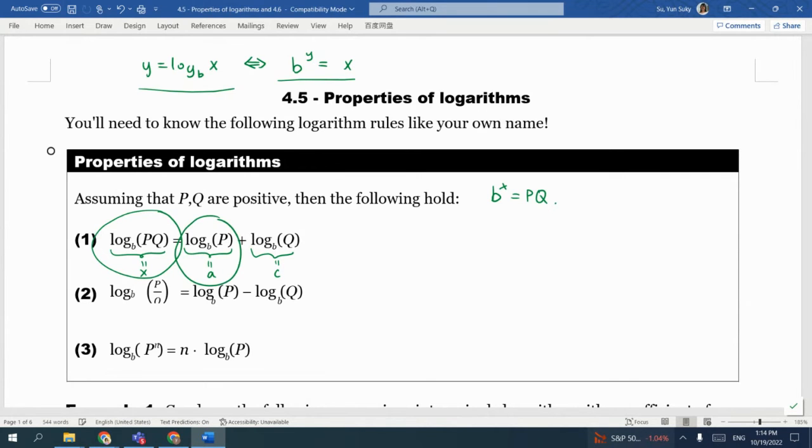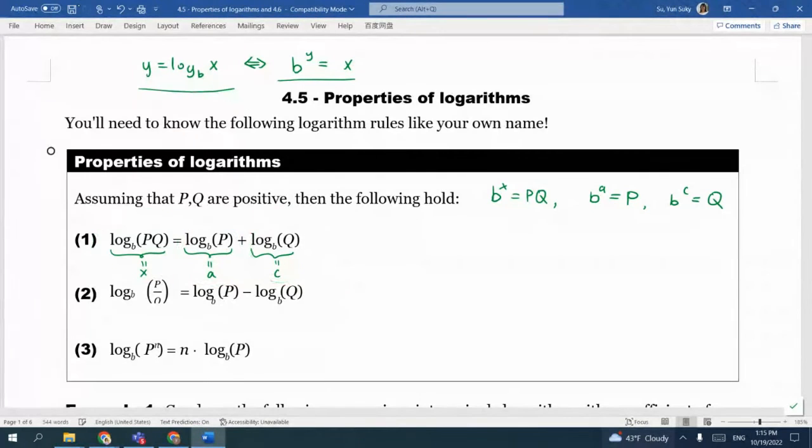And then this one tells us b to the a equals p. How about this one? What does it tell us? b to the c equals q.